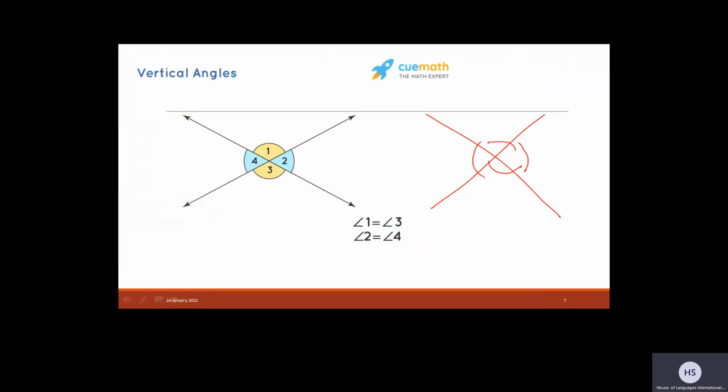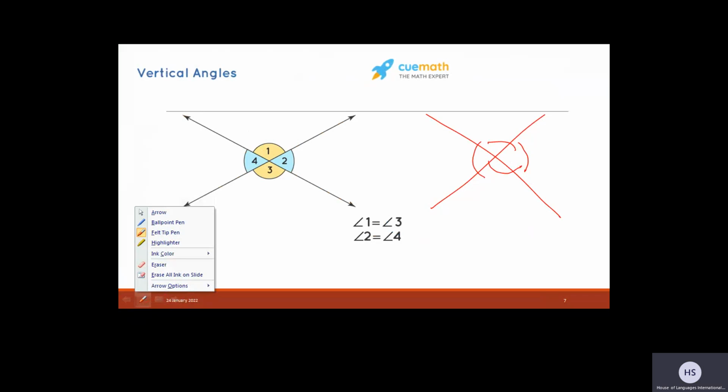For these types of angles, when they are opposite to each other, we call them vertical angles. So angle 1 is equal to angle 3, and angle 2 is equal to angle 4. When you have two intersecting lines, they form 4 angles, and each two opposite angles are equal.